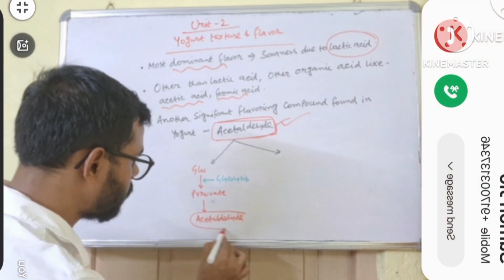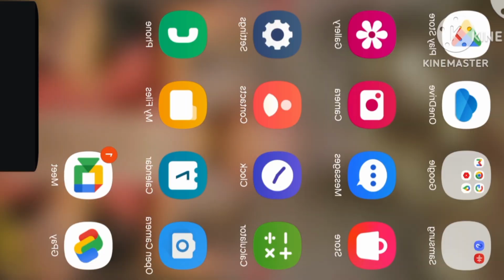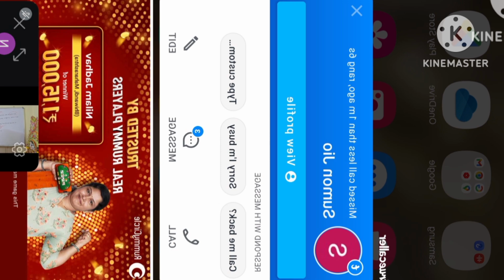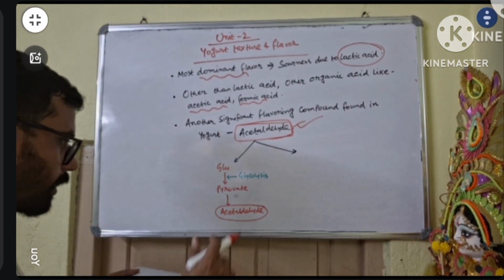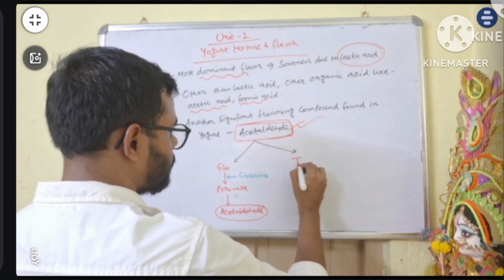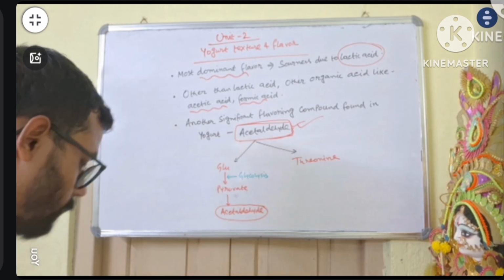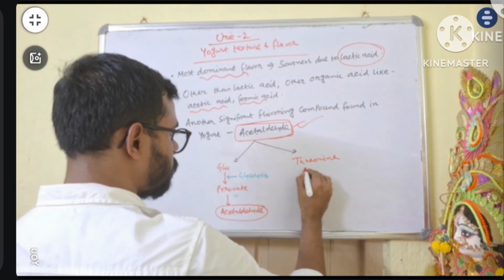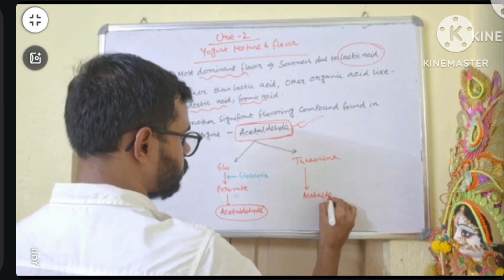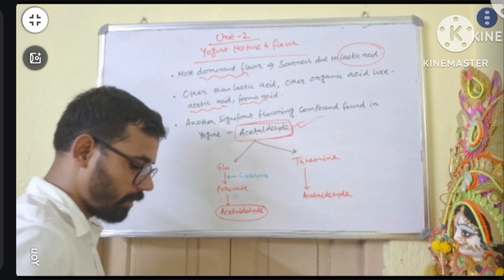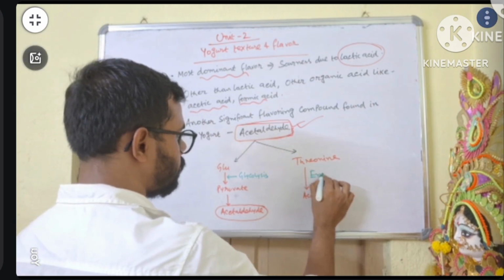And the second way to produce acetaldehyde is from the amino acid threonine. Threonine is an amino acid, and this threonine can also form acetaldehyde enzymatically, in a single step reaction.